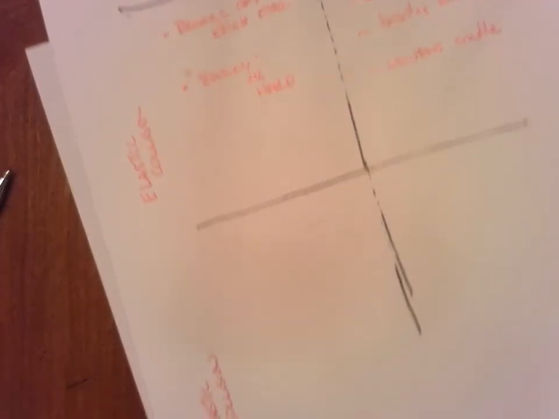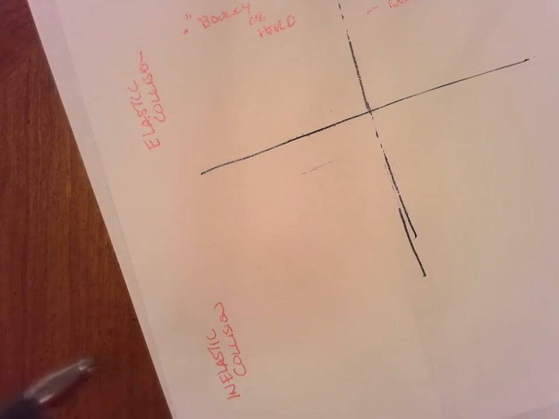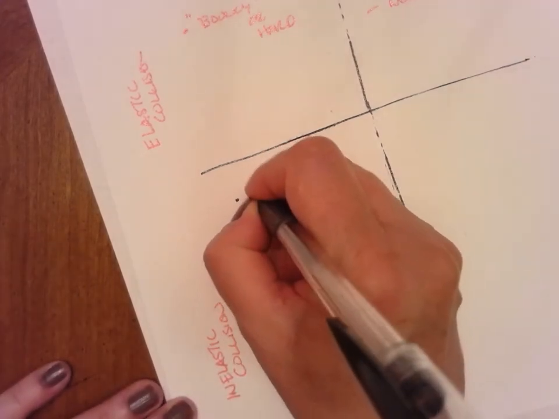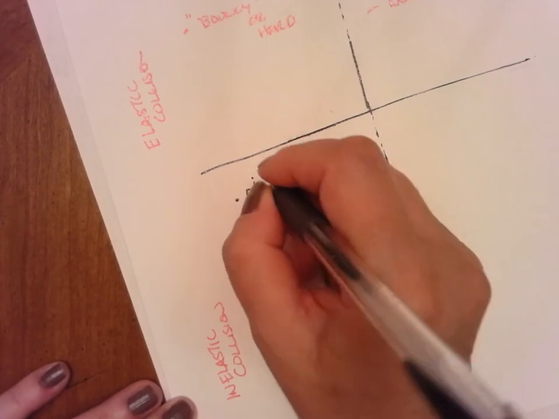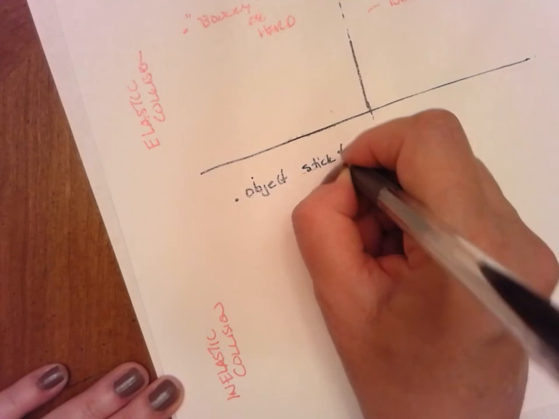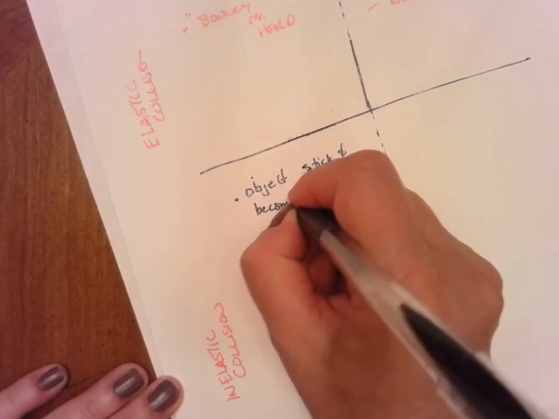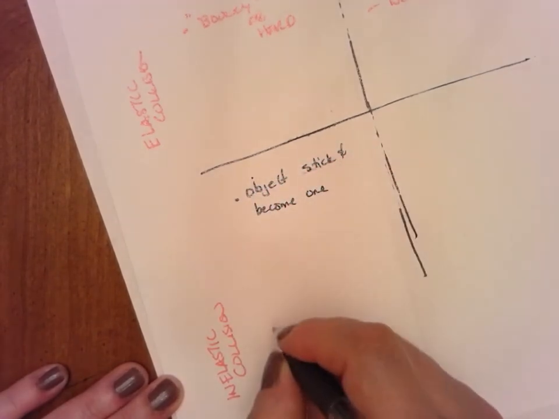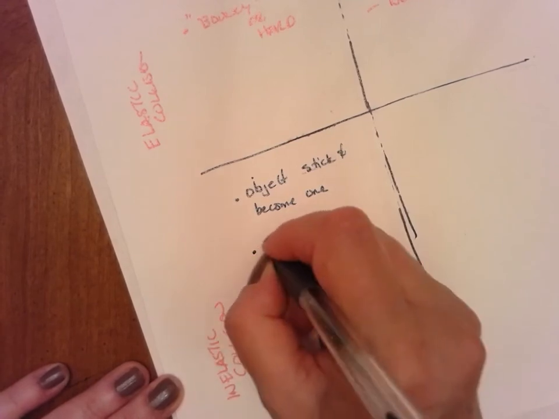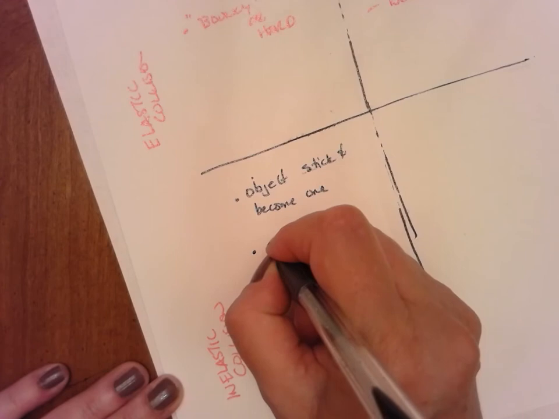For an inelastic collision, the objects stick together and become one, act as one. And there's usually some kind of damage or deformation.